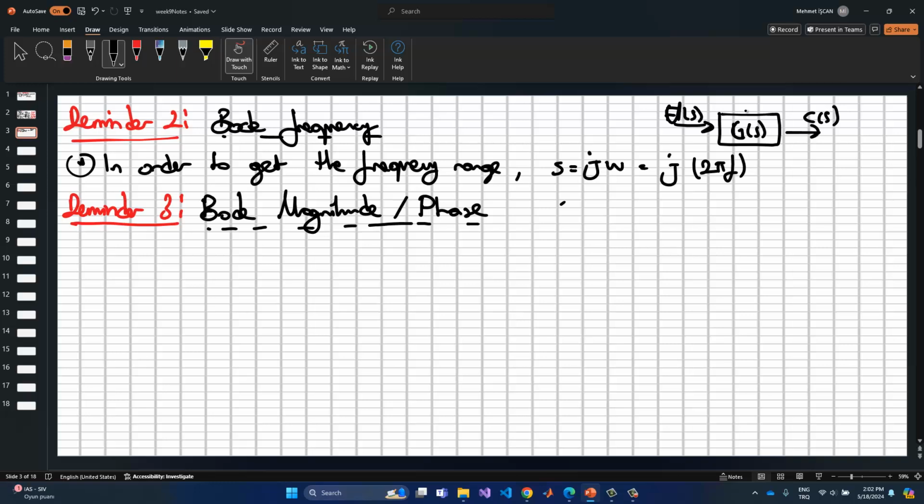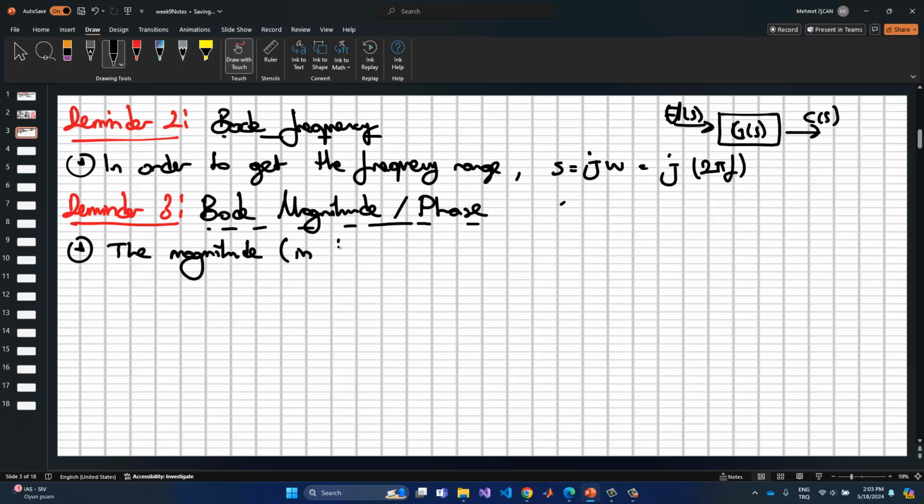Okay, and so we need to design this G(s) to create the FC, or the cutoff frequencies, based on the Bode plot in terms of the magnitude and the phase with respect to the frequency region.